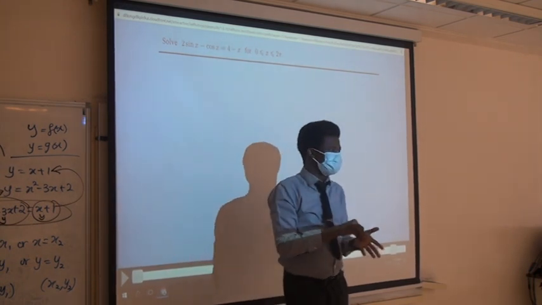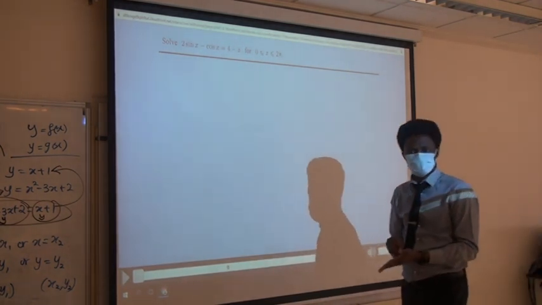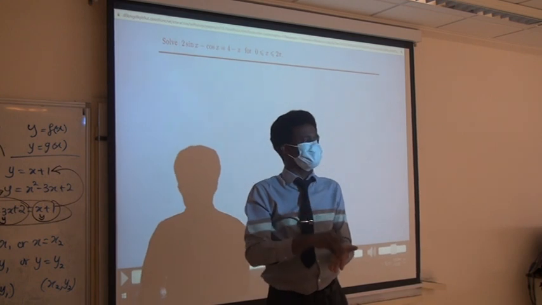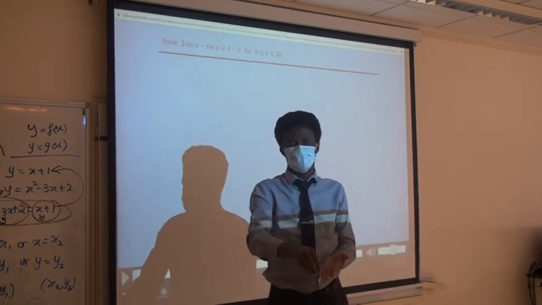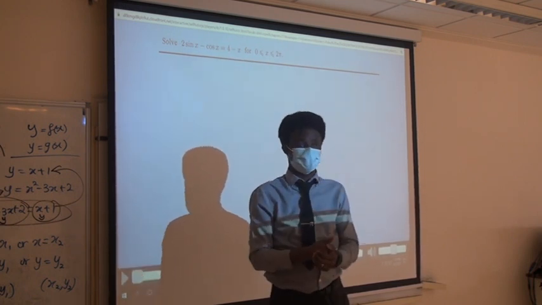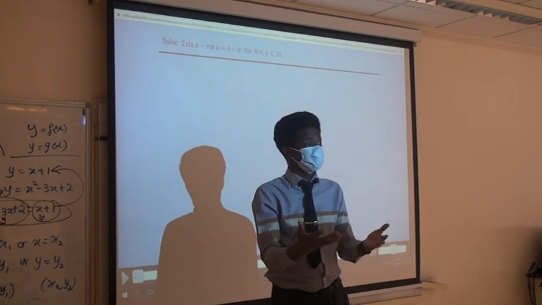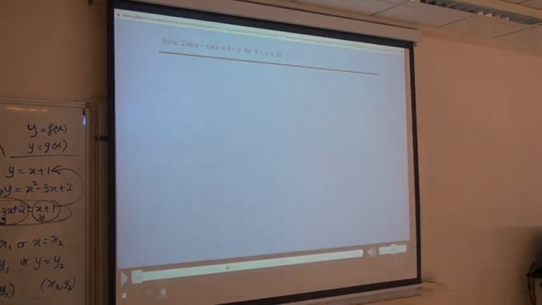Now, IB has a rule. On every IB paper, there's always a rule that if you are solving by graph using your calculator, the only proof expected is that you sketch what you can see in your calculator, so that they know that is how you got it. Understand? Let me try to see if I can find that.